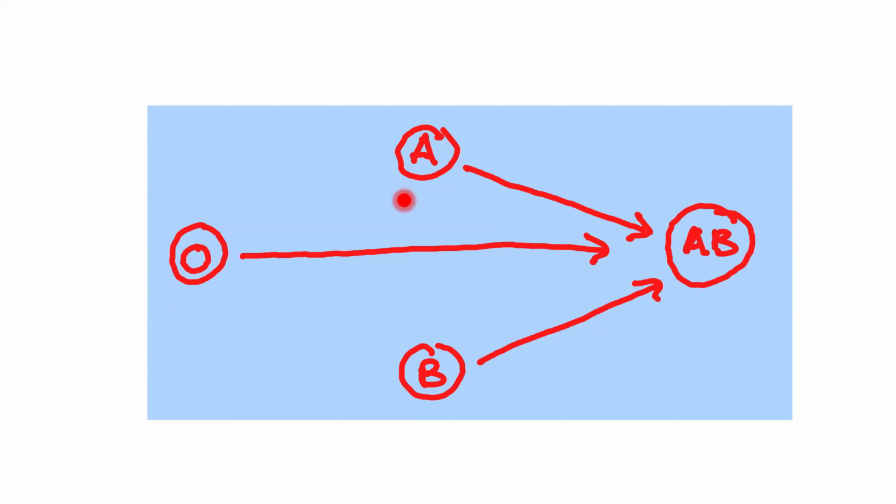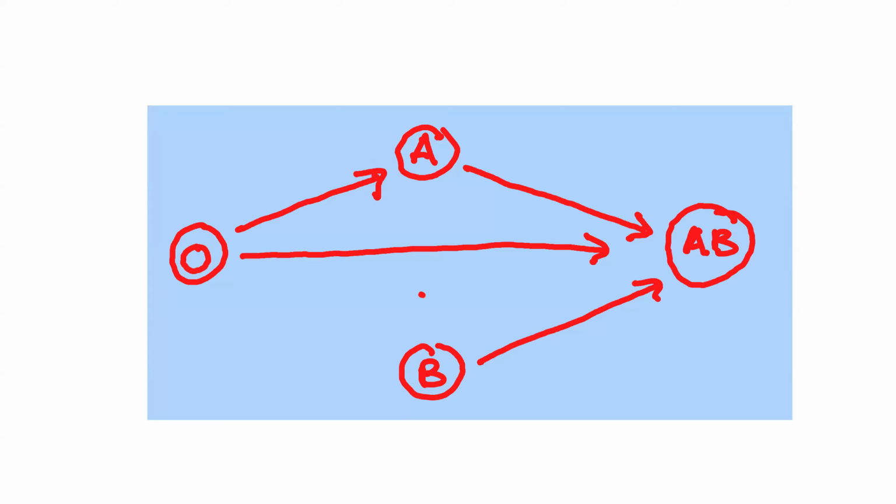Now O is coming towards the A. This has B antibody, but O has no antigen. A was made against which antigen? B. Now does O have B? No. So then can O come to the A? Yes. Then O can come to A.